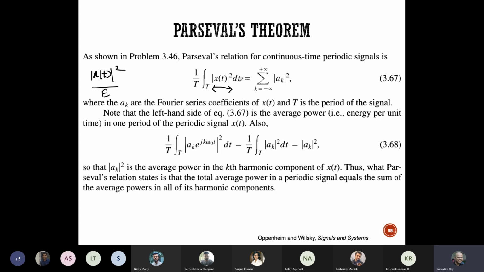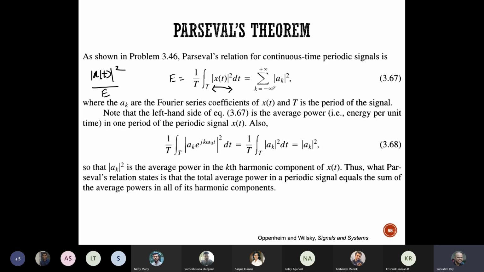Parseval's relation relates the two and says that at the end of the day, you are just looking at the total energy, which is given by this formula here. And you can compute it either by looking at the energy in the time domain or in the frequency domain. When we look at power spectral density later, it's basically just this.